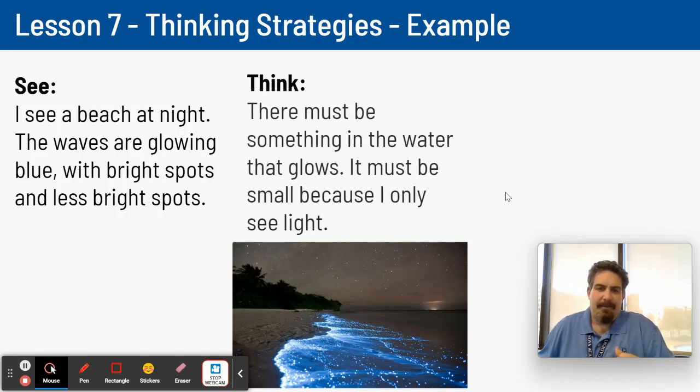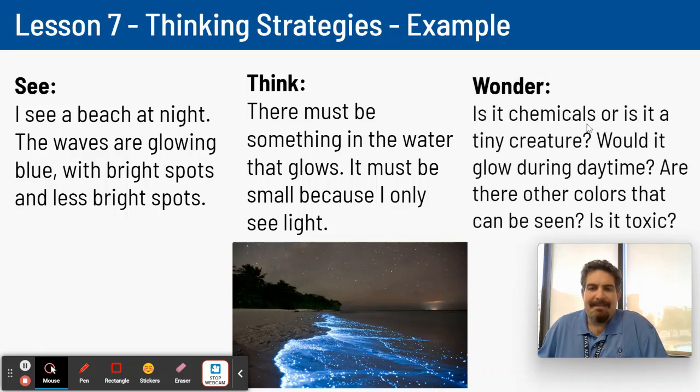Then think, there must be something in the water that glows, and it must be small because I only see light. I don't see a creature or something in there. Okay, and then wonder, is it chemicals or is it a really, really tiny creature? I can't tell because the picture doesn't let me know for sure if there's some chemical or some tiny little thing. Would it glow in daylight?